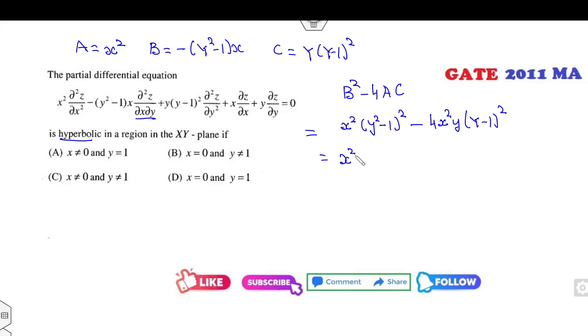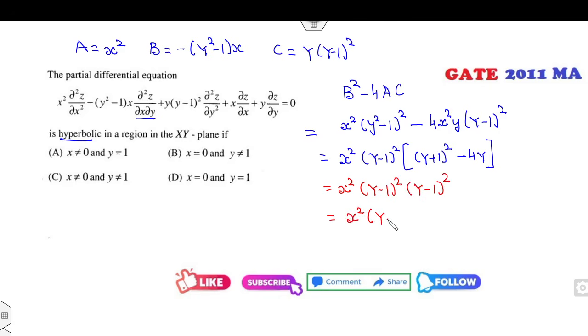I can take x square and (y minus 1) square common. In this case, I will get (y plus 1) square, and in this case I will get minus 4y. If I open this bracket, it is (y minus 1) square. That means x square (y minus 1) whole power 4.